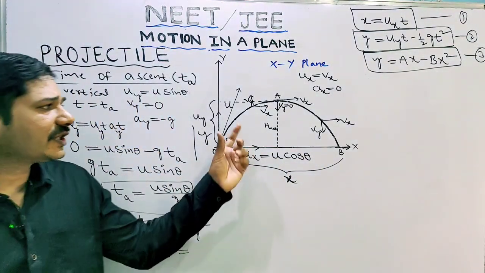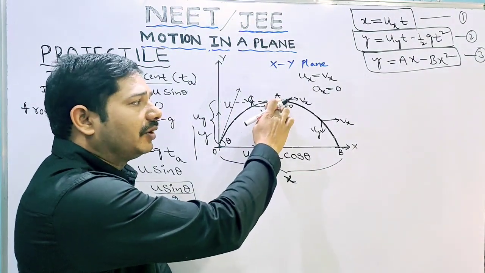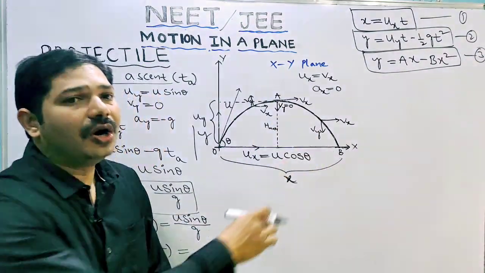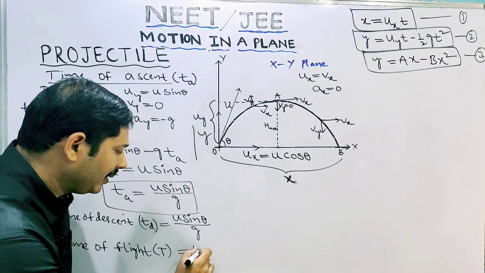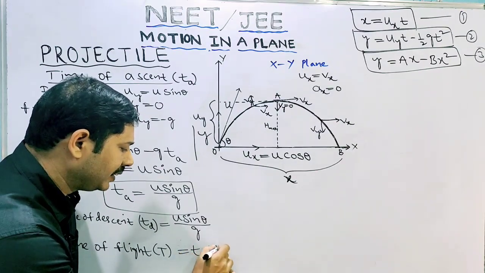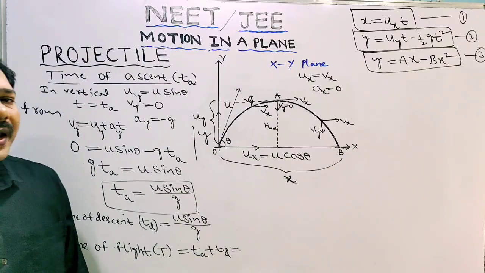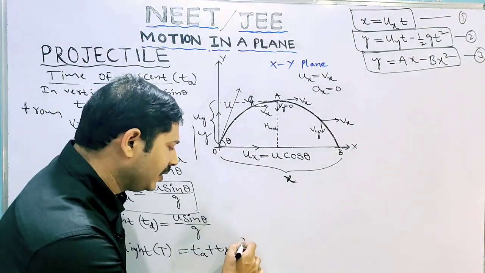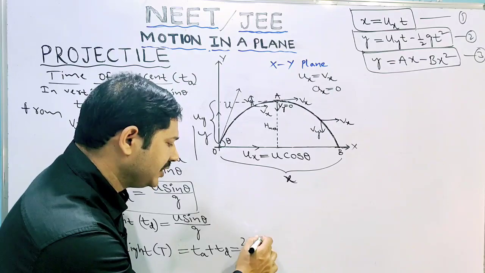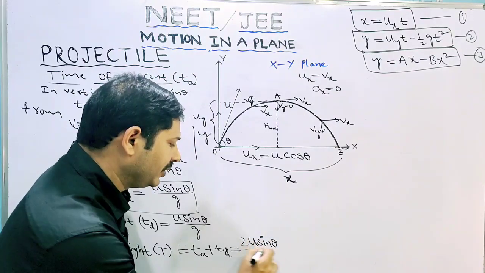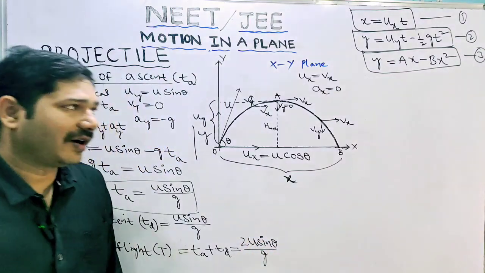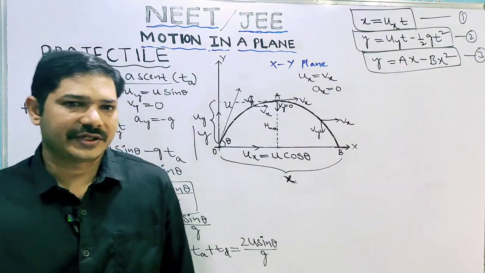Time of flight is nothing but time of ascent plus time of descent, total time Ta plus Td. So u sin theta by g plus u sin theta by g gives 2u sin theta by g. 2u sin theta by g is the time of flight.